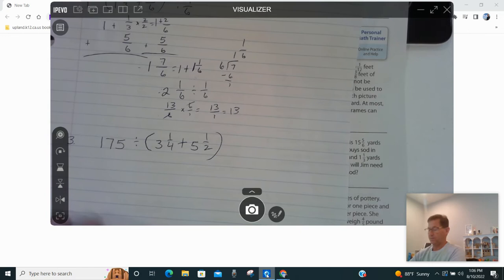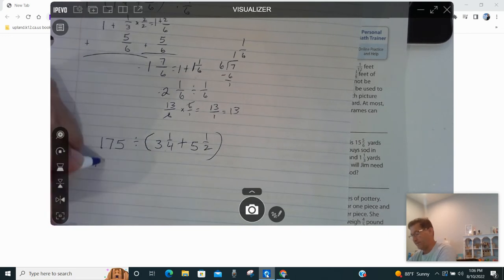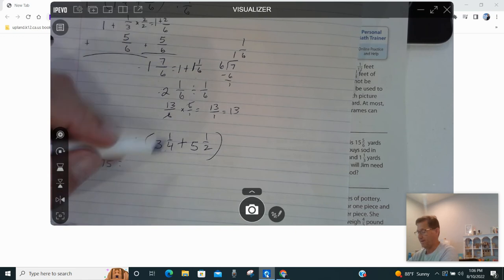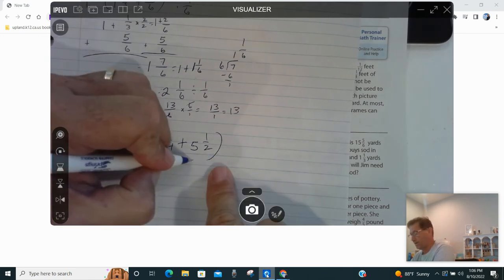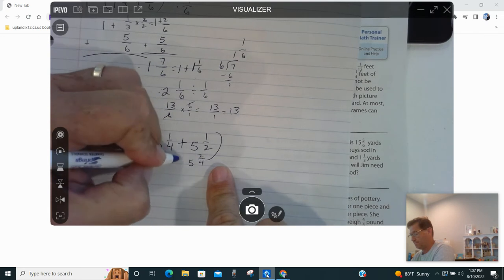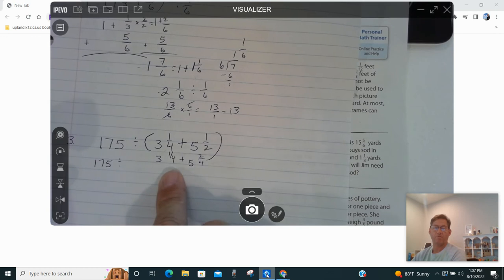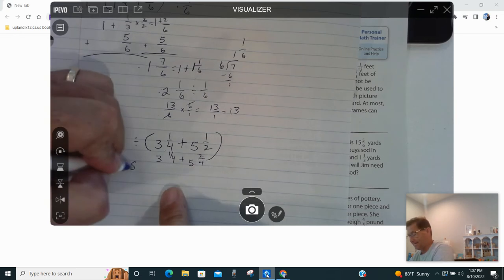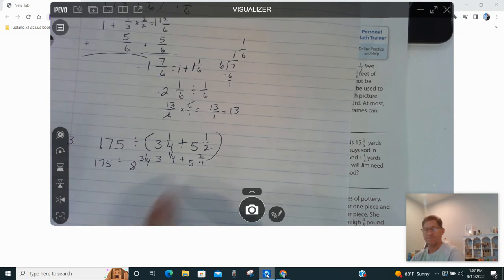Okay, so $175 divided by total miles. So we have 175 divided by, we know we can turn 1/2 into fourths by multiplying by 2. So we have 3 1/4 plus 5 2/4. The whole number part is 8, and the fraction part is 3/4.